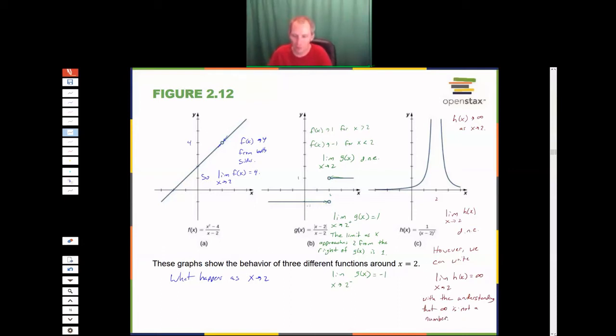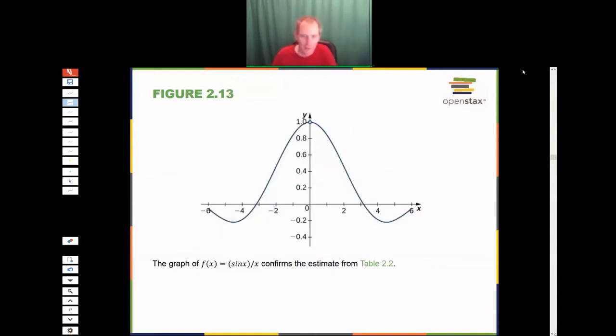And we're going to do that in the future. If it's headed off to infinity, we'll write that the limit equals infinity. But it's going to be important for some things to remember logically that the limit doesn't exist. All right, so that gives you an idea of some limits that do and don't exist.